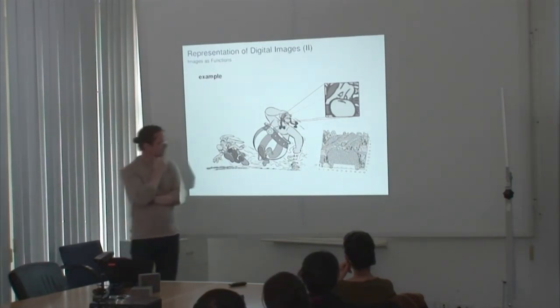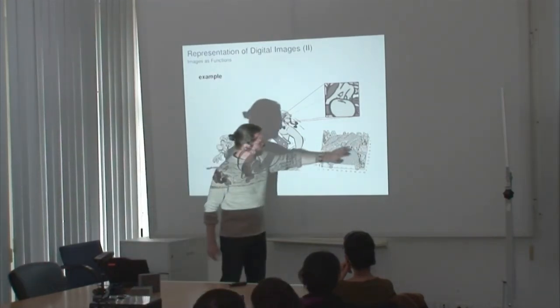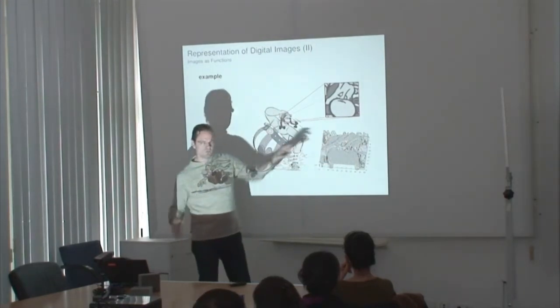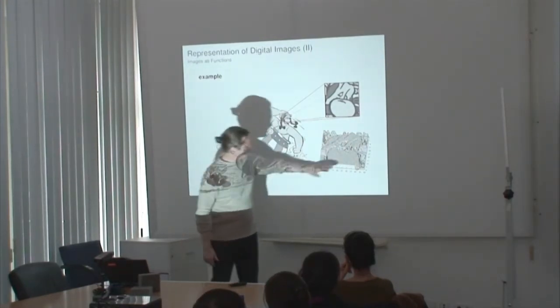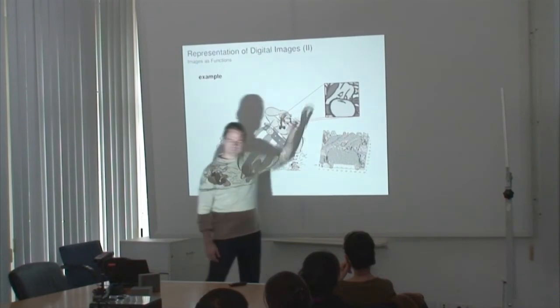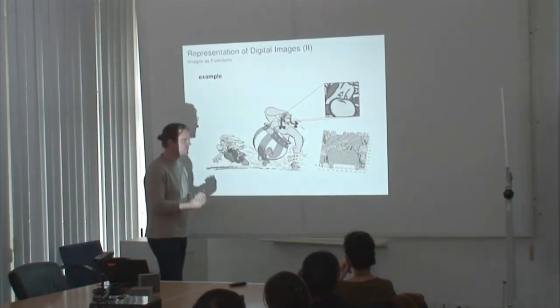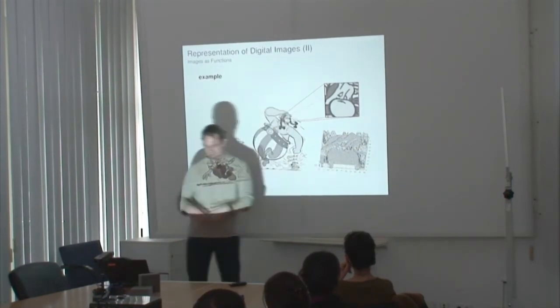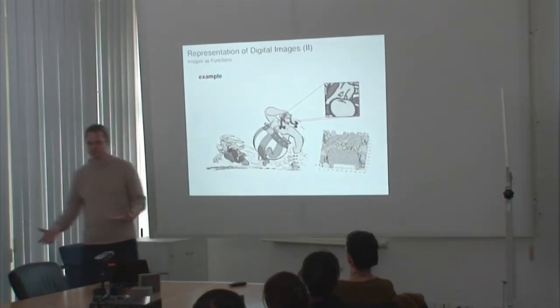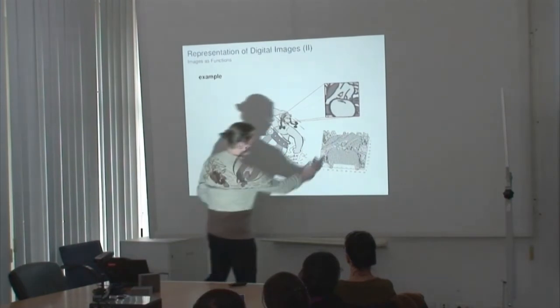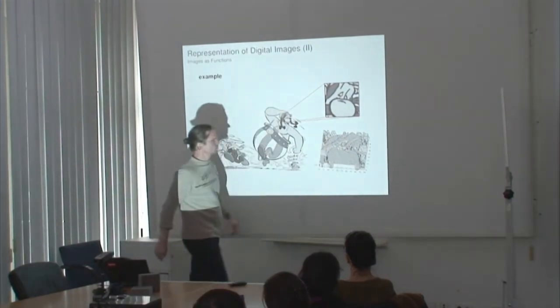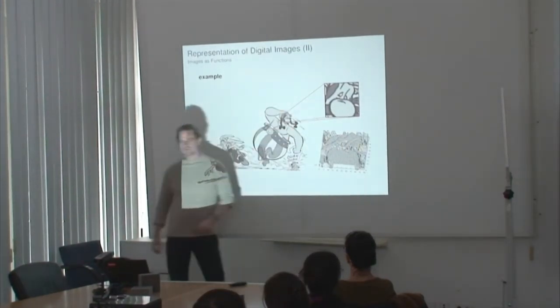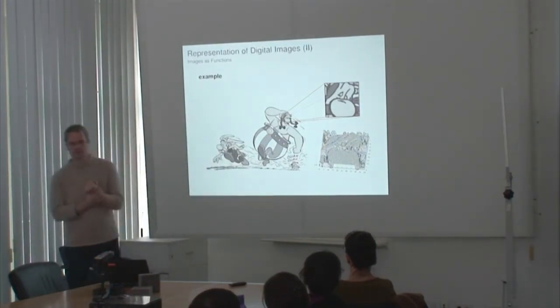In the sense that there are areas in this image, which we now view as a function, that are high up, like high values, and there are areas in this function that have rather low values. Do these low and high value areas correspond to elements of the image? Yes, they do.